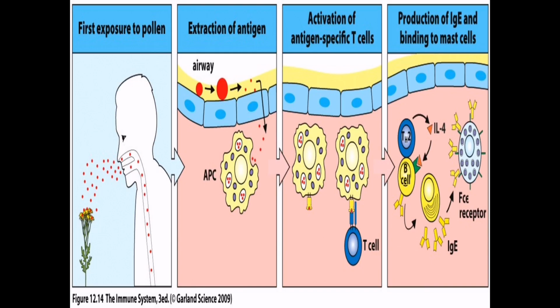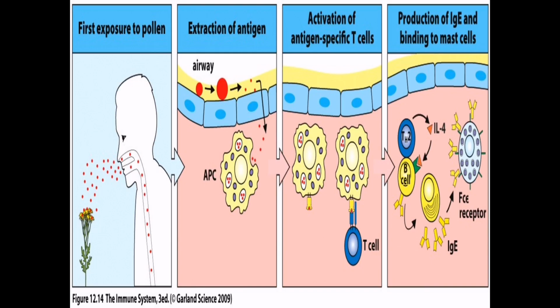The antigen presenting cell will take the allergen and present it to the T cell, the helper cell, and this helper cell will secrete cytokines that activate the B lymphocyte, and the B lymphocyte also binds to the antigen or to the allergen.